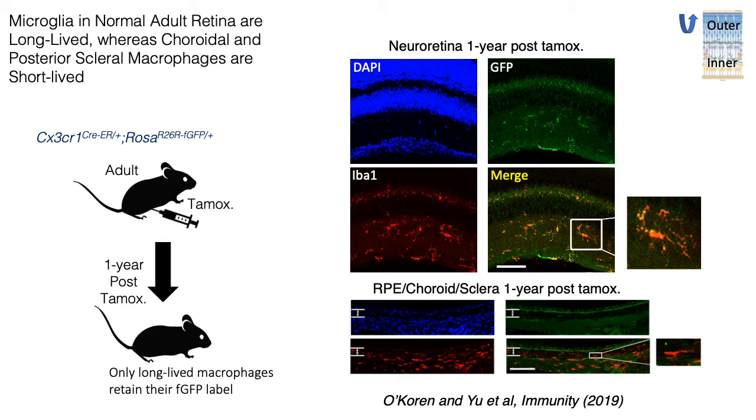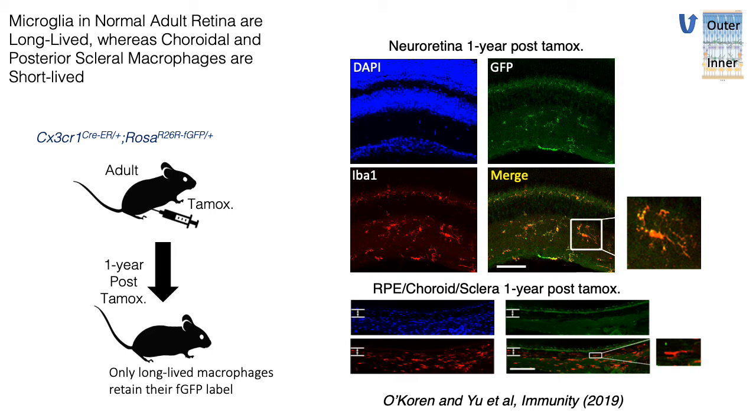To do this, we used adult mice that were CX3CR1 Cre-ER, conditionally labeled by a tamoxifen pulse, and let these mice age 1 year following tamoxifen pulsing, at which time the retinas were harvested so that we could image and look for IBA1 colocalization of GFP microglia.